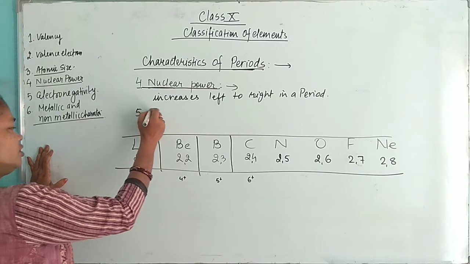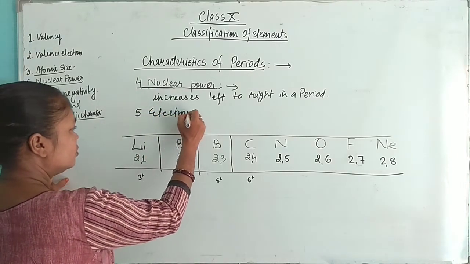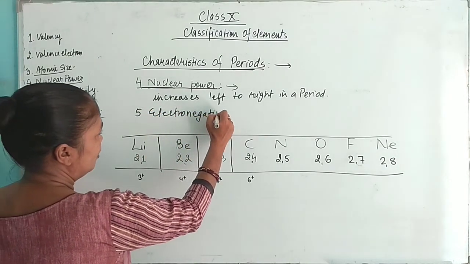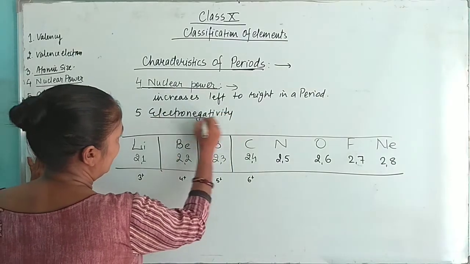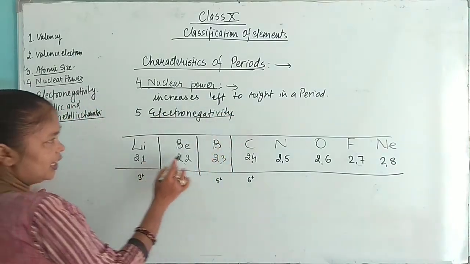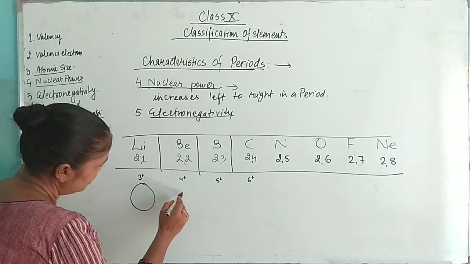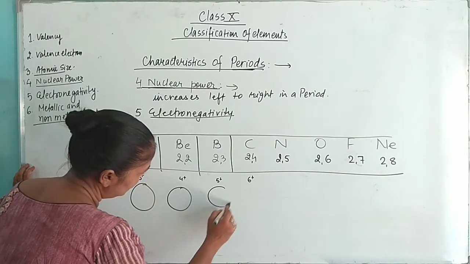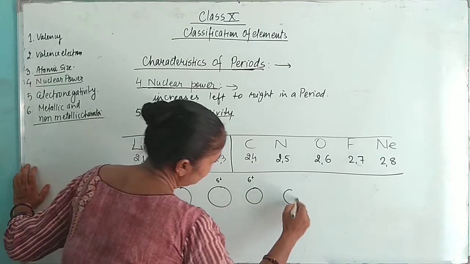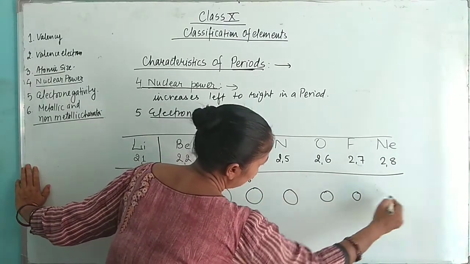Now after this, next electronegativity. As we are moving left to right, the atomic size is decreasing. The atomic size is decreasing gradually. As the atomic size is decreasing, then what happens?